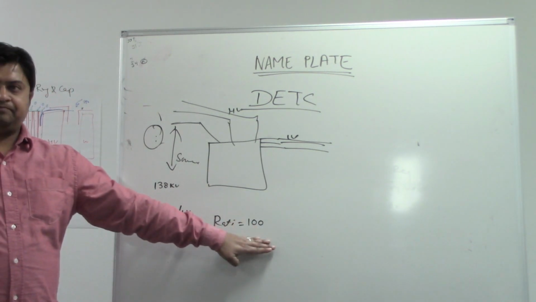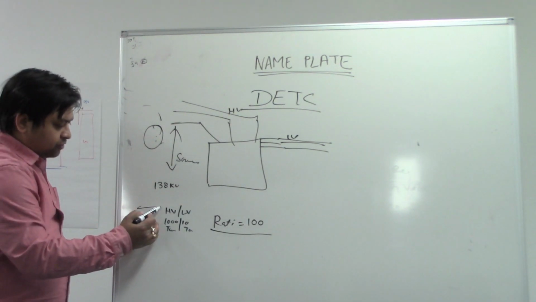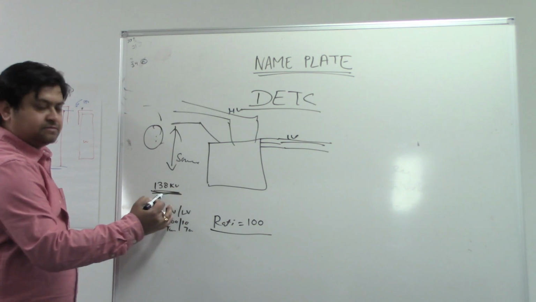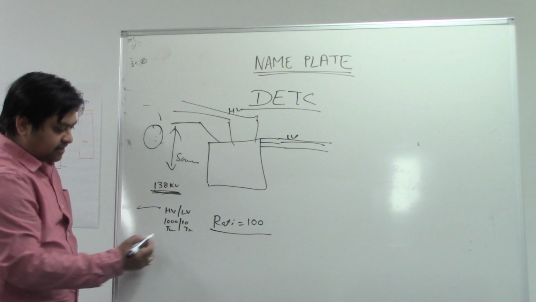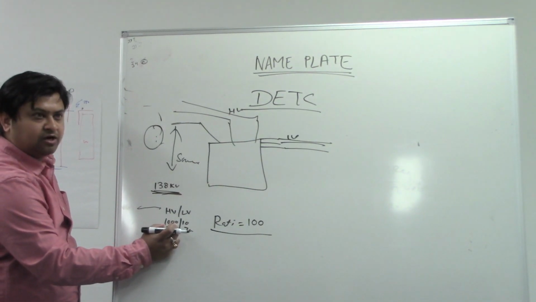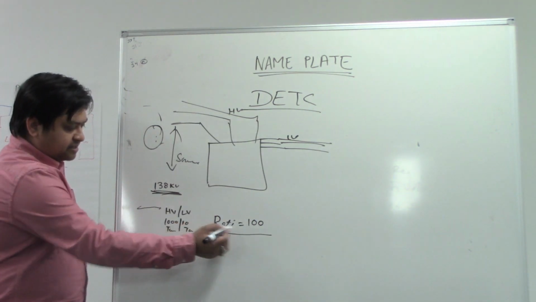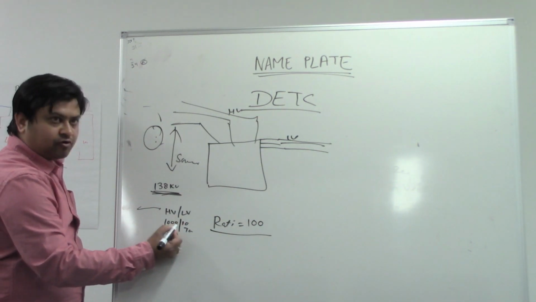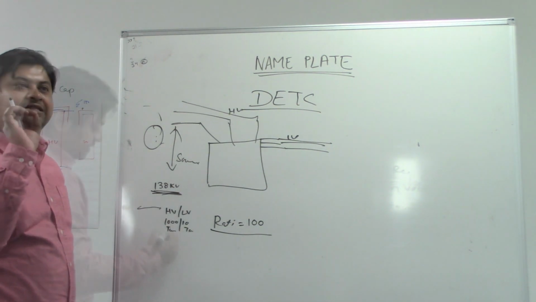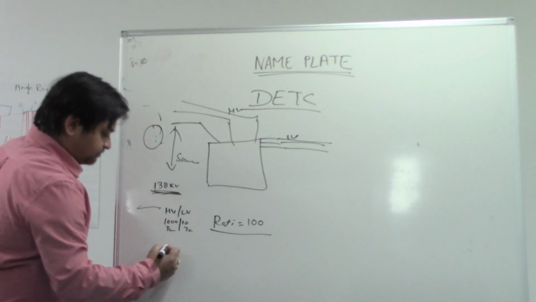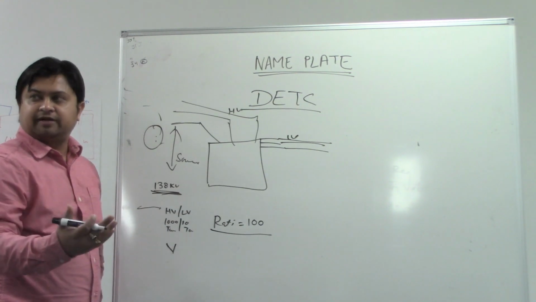This ratio says that whatever your voltage is going to be, the LV will see 100 times less, right? If high voltage is 1000, low voltage is 10. In this case, if your high voltage is 1000, low voltage will only get 10. And this is the turn ratio. So the voltage ratio also follows the turn ratio. Okay.